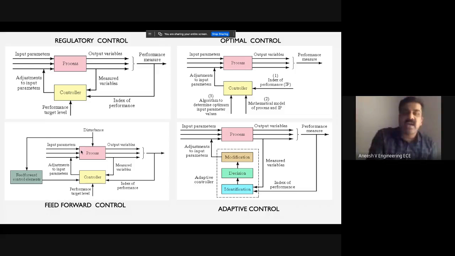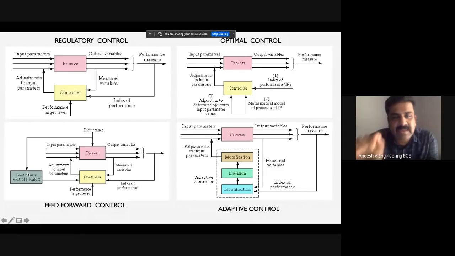Then the next one is our feed-forward controller. If you check the regulatory control action in the process, you can see that there is no disturbance effect; we are not designing any disturbance. Here in the feed-forward controller, we mathematically model that particular disturbance.